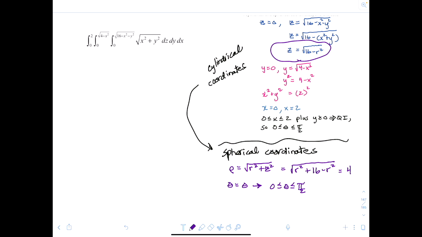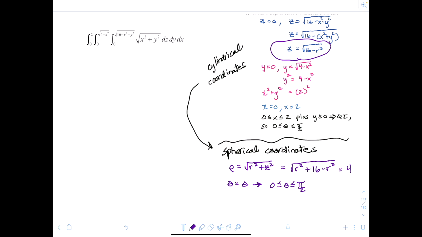And then we have phi is equal to arc cosine of z over the square root of r squared plus z squared.